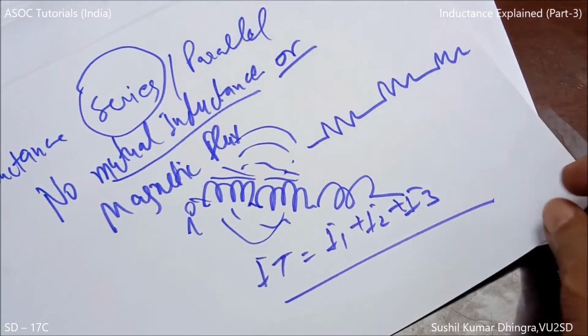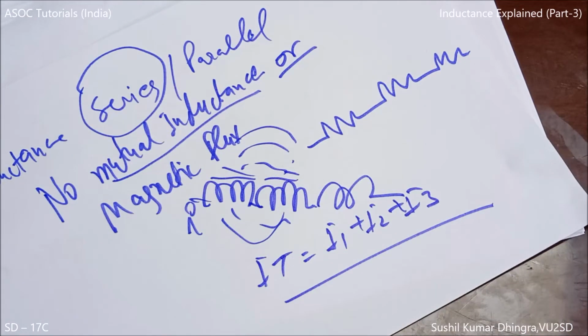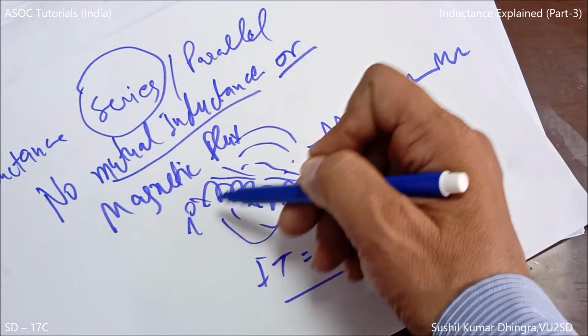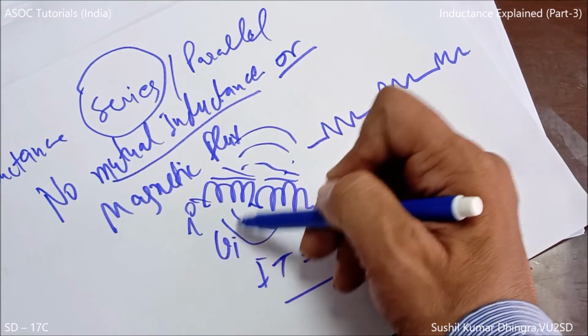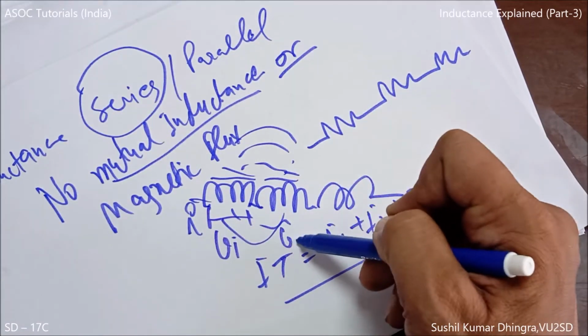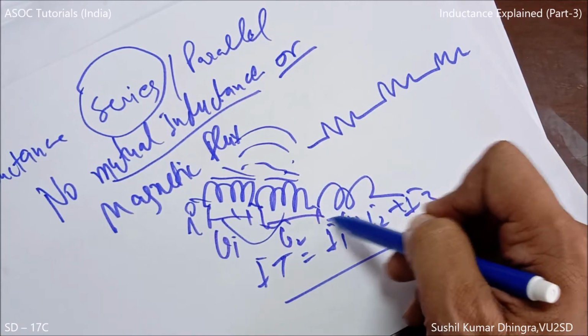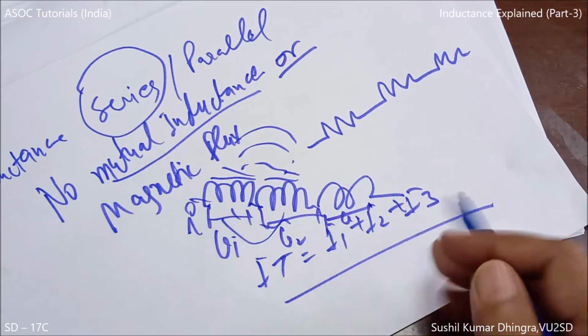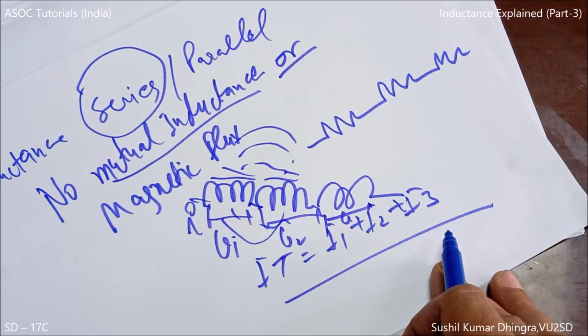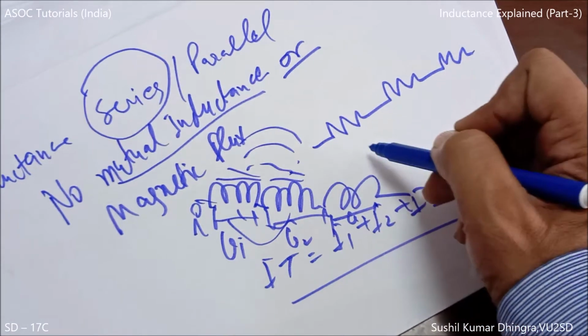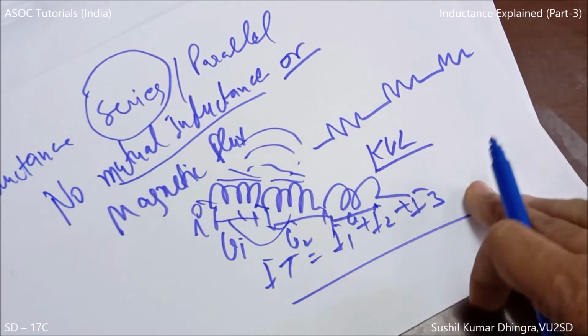And in the same way, if you see voltage, it is being shared, V1, V2, V3. So V is being shared here. If you are further interested in calculating voltage, here Kirchhoff's voltage law, KVL, is applicable.